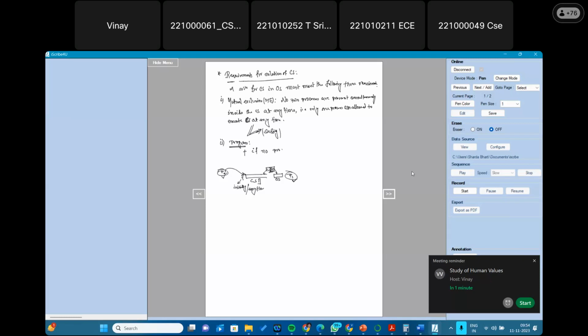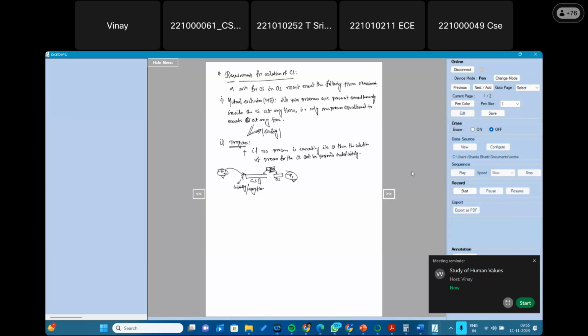So if no process is executing its critical section, then the selection of a process for the critical section cannot be postponed indefinitely.